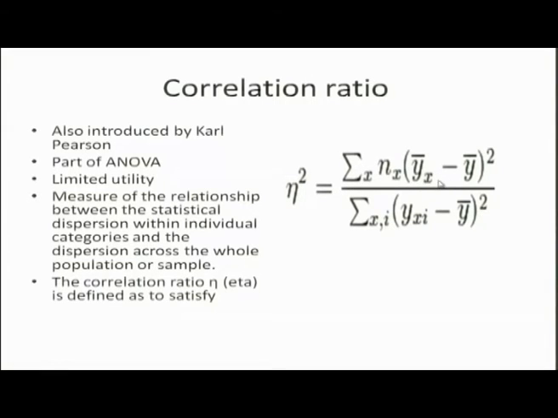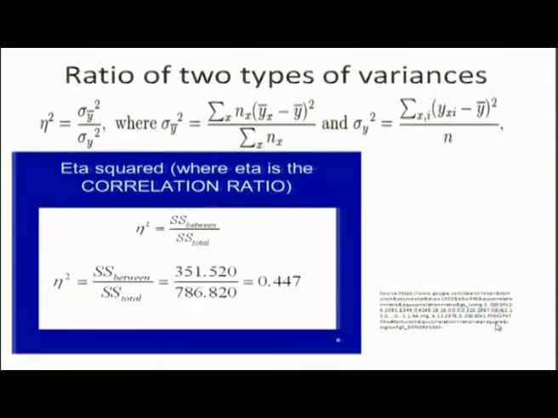Here y x bar is the mean of y values for a given value of x, and y bar is the overall mean. The numerator means the variance explained, and the denominator is total variance, or variance of all the values of y irrespective of x, and eta square is the ratio of the two.